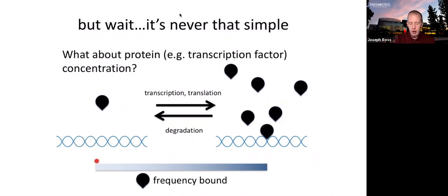So this chart at the bottom then is meant to indicate that when you have a small amount of protein, you're not going to have the protein bind to DNA, its target sequence, as frequently as if you have a lot more protein, the same protein, multiple different individual molecules of the same protein, product of the same gene. The more you have, the more likely it is that one of those by chance ran into physically the DNA sequence it recognizes, binds, and then turns on transcription and translation of that gene.